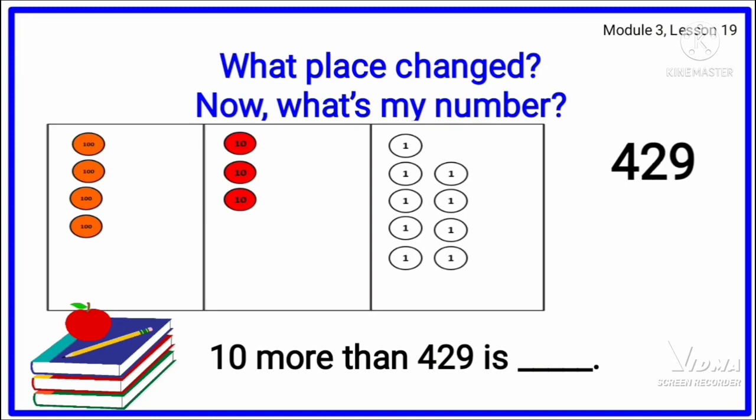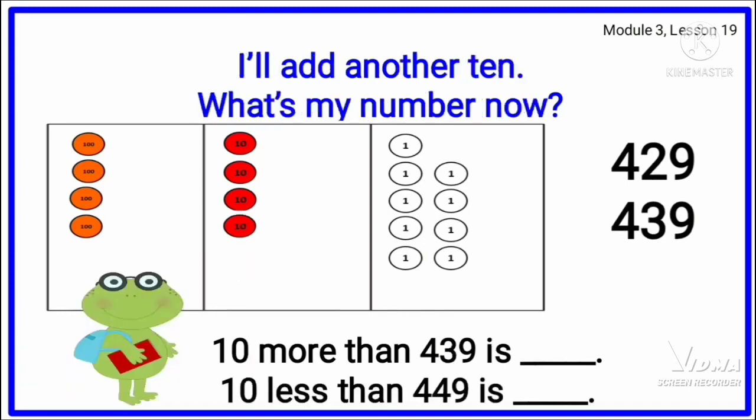So 10 more than 429 is 439. Now look, check again. What changed? I added another 10. So what's my new number? 449.